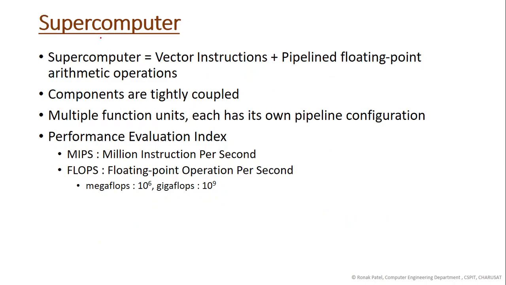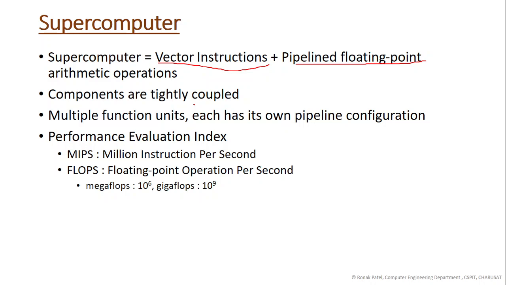Next is supercomputer. So what is that? It is a combination of vector instruction plus pipelined floating point arithmetic operations. So it takes this advantage and can perform large computation in no time. The components in supercomputers are tightly coupled, so it will reduce the time between components.